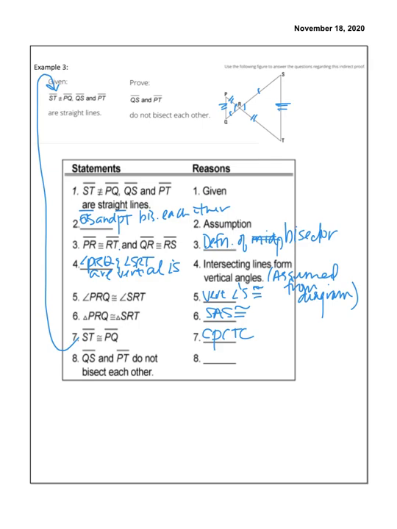And so ST congruent to PQ contradicts the given. Therefore, the original thing we were trying to prove is true. Therefore, QS and PT do not bisect each other.